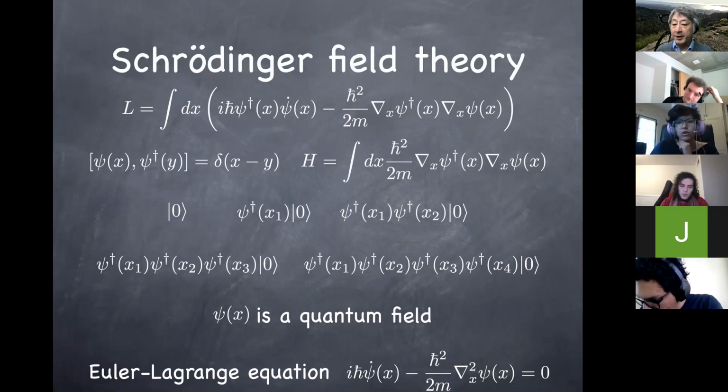But you have to be careful here. Psi is not meant to be a wave function. A wave function is a c-number. It's just a function. It's not an operator, right? But psi of x here is an annihilation operator. So this resemblance, that the equation looks the same as the Schrödinger equation, is actually misleading.